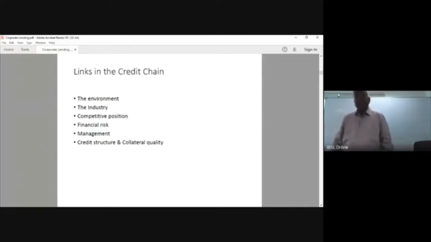Links in the credit chain. So what are the important elements in the corporate credit analysis? One is the environment and the industry, then the competitive position of your company, of the corporate within that industry, then the financial risk of your corporate customer, then the management of the corporate customer, and finally credit structure and collateral quality.